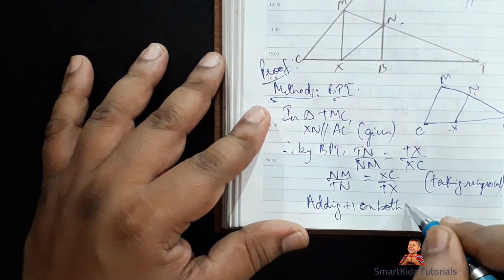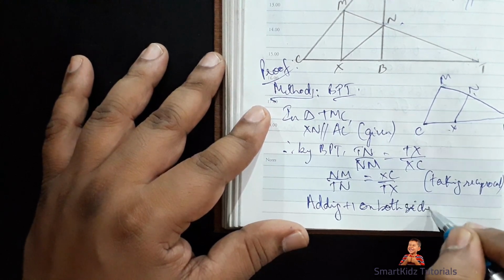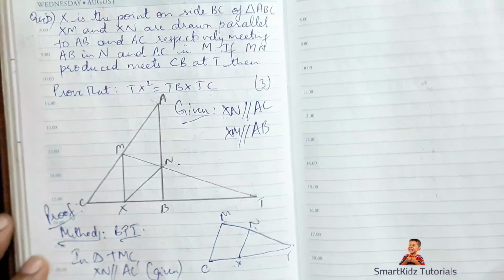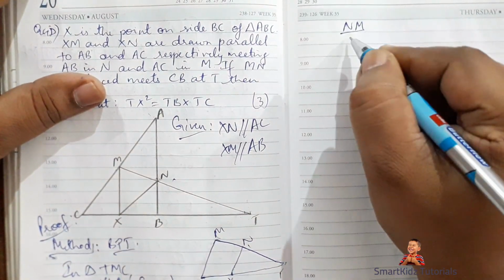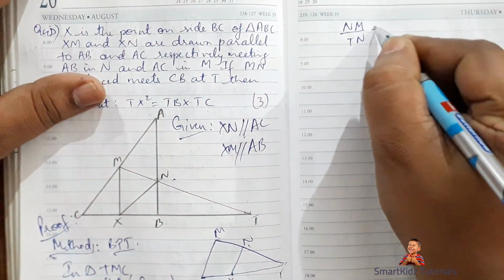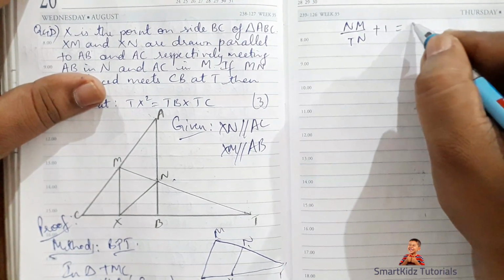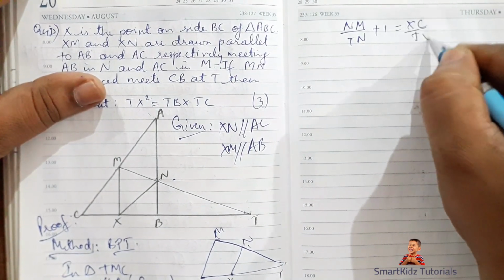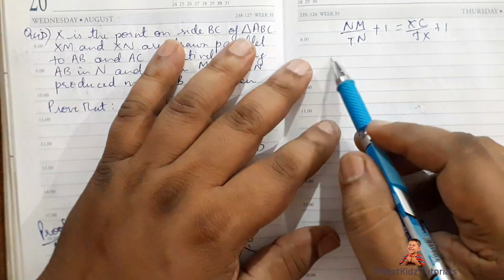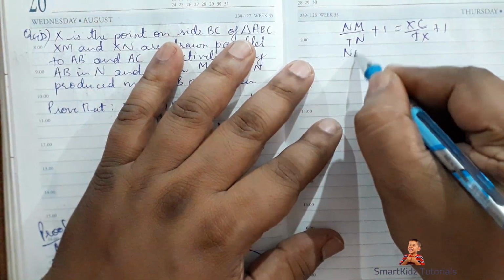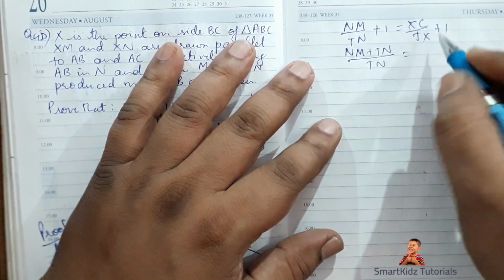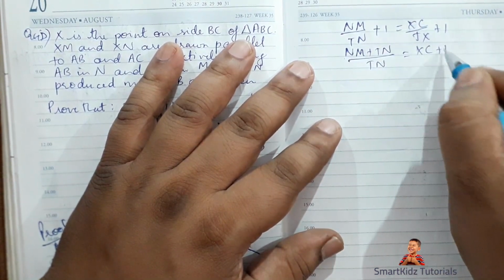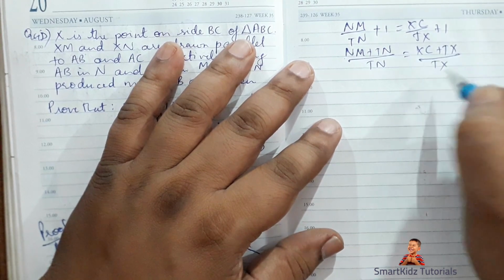When we do that, this is what will happen. NM upon TN plus 1 is equal to XC upon TX plus 1. We take the LCM, we get NM plus TN upon TN equal to XC plus TX upon TX.